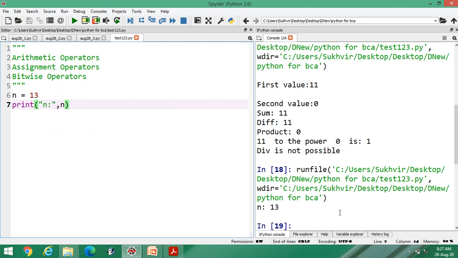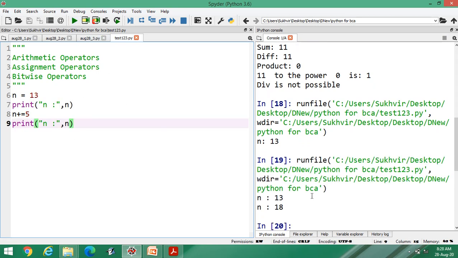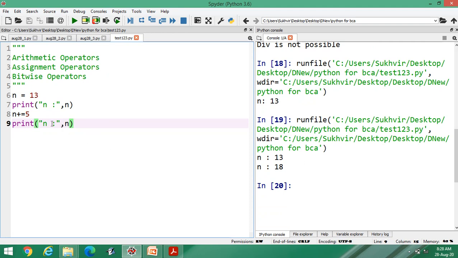Now execute. Value of n is equal to 13. Now suppose I write n plus equal to 5. Now print again the value of n, because each time we have to print the value of n. Now n is equal to 18.